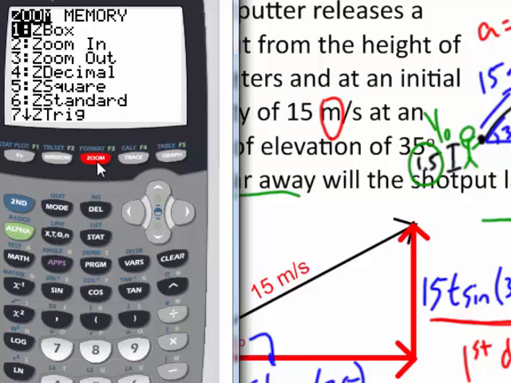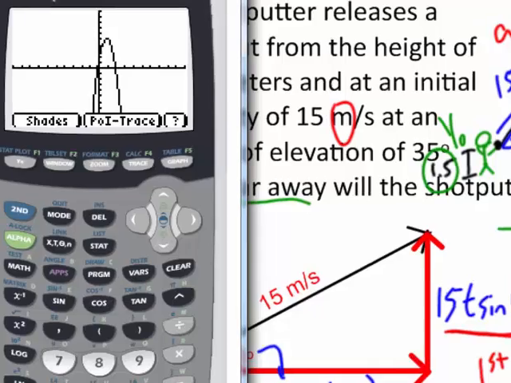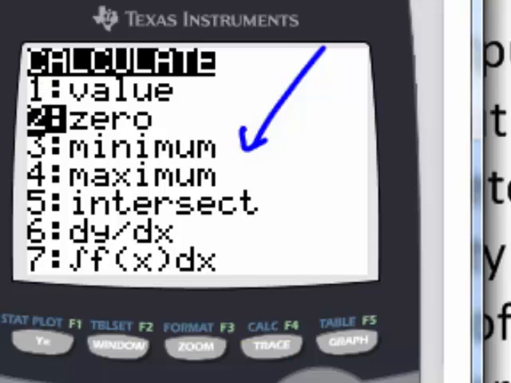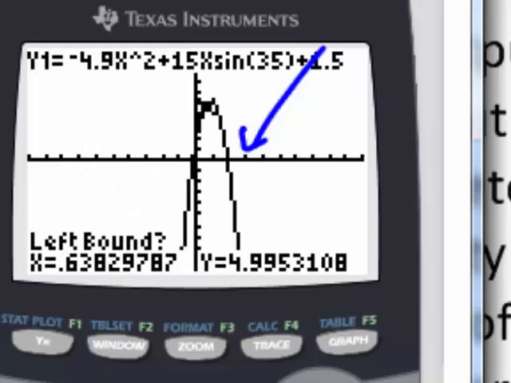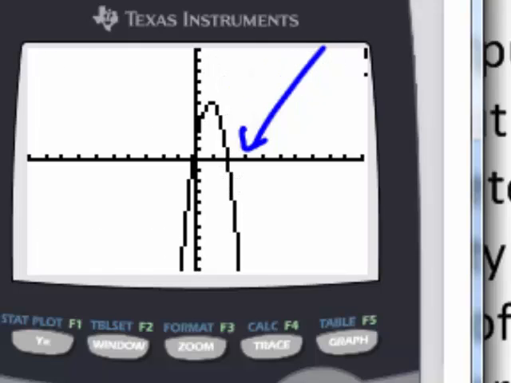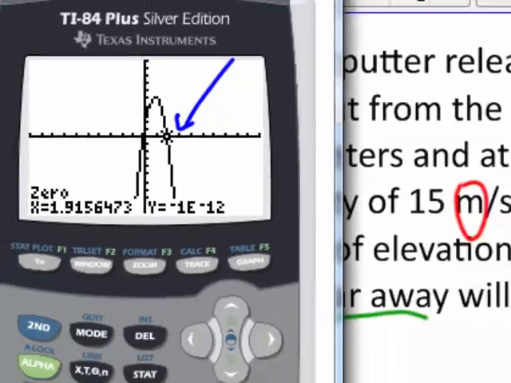And I might just go zoom standard to start, although I might have to adjust this. So zoom standard fitted on there, and all I want to do is find this root right here where it hits the ground. So I'm going to hit second calc, find the 0, and this will find the time when it hits the ground. So left bound, go left of the root, right bound, go right of the root, take a guess, and there we go, about 1.9 seconds, I guess.